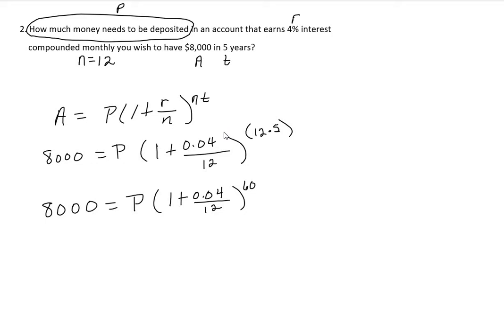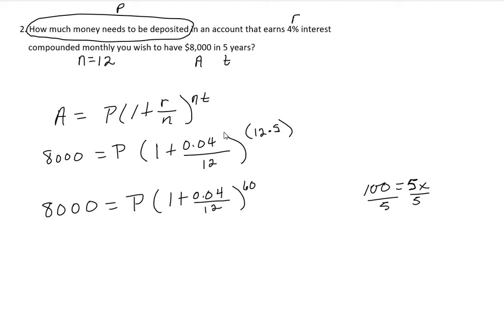Now this whole thing here that's in parentheses with the exponent of 60, this is just a number that's being multiplied by P. Right? Just like if I had 100 equals 5 times x, and I want to get that variable by itself, I need to divide by that constant. I would divide both sides by 5.